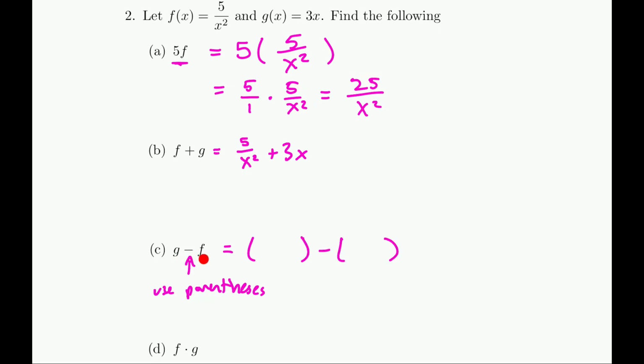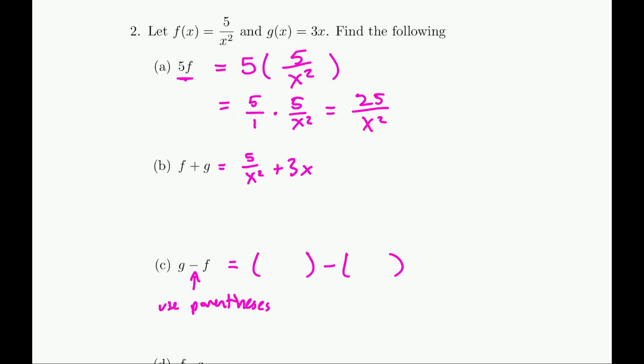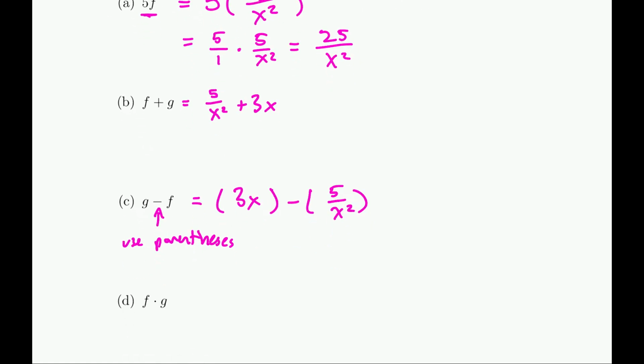So g minus f. G is 3x and f is 5 over x squared. Then we realize that we don't need the parentheses anymore. So this is 3x minus 5 over x squared, and that's all you have to write.